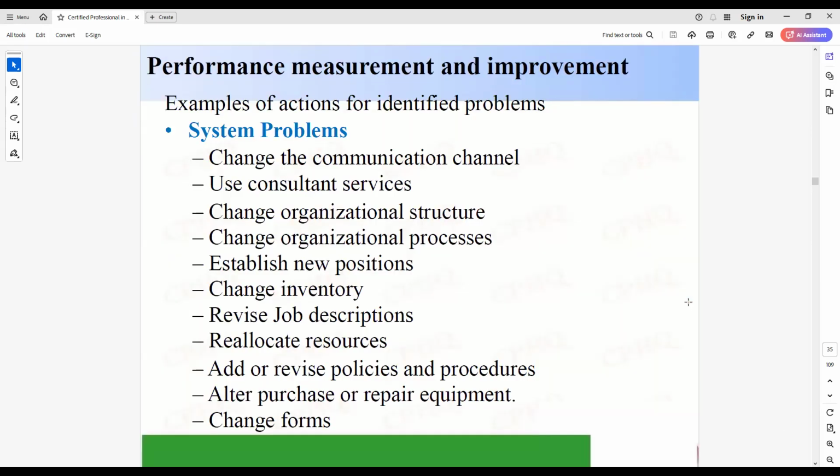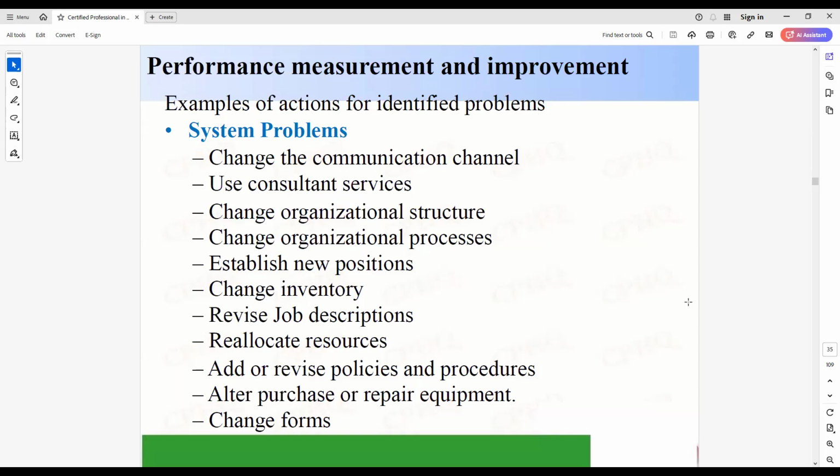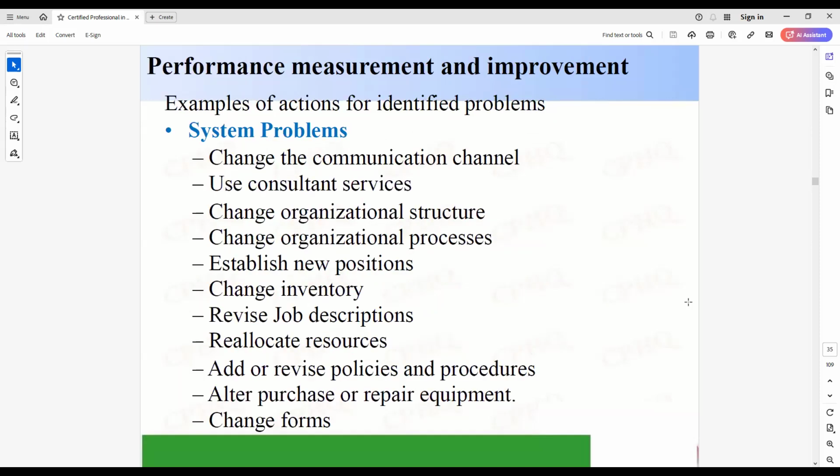And here they're talking about system versus knowledge-related problems. How would you know if you have a system problem or a knowledge-related problem? How can you know? We need to assess, Zahra. Yes.